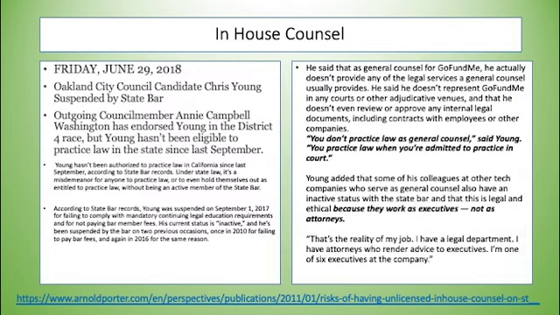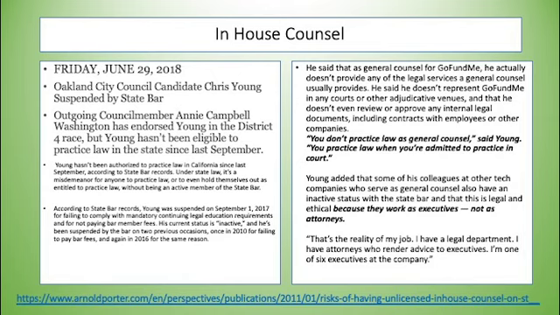And in a much bigger case that happened relatively recently, close to where I live here in Northern California, a very interesting situation happened with Oakland City Council candidate Chris Young being suspended by the State Bar of California. He was the outgoing council member, but he hasn't been eligible to practice law since last September.